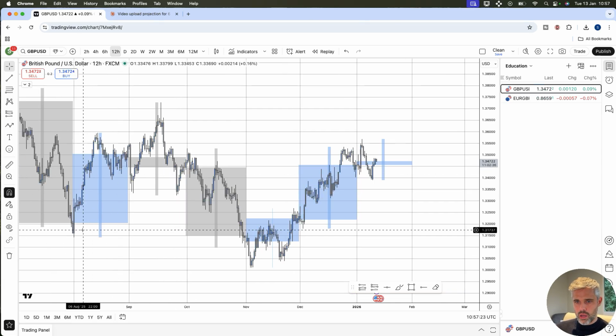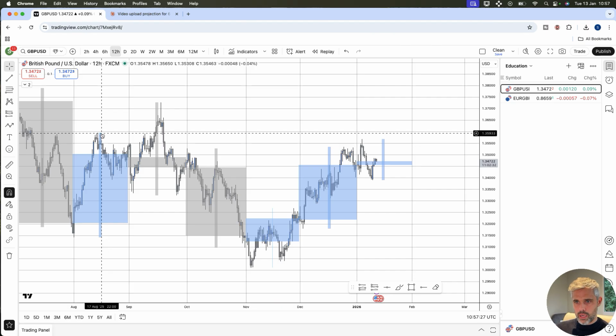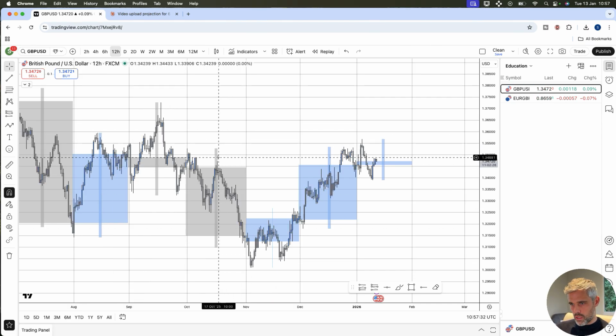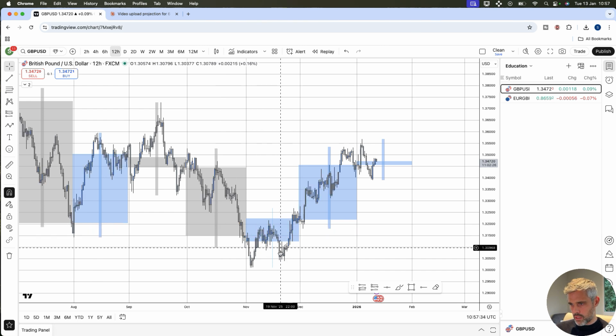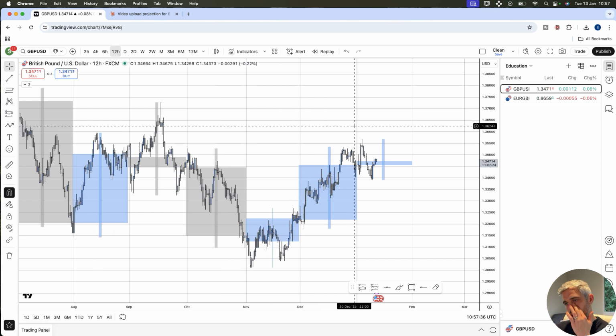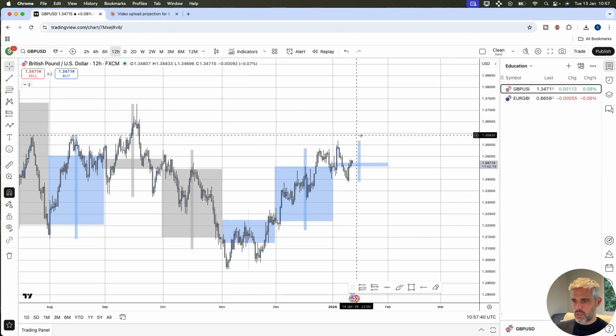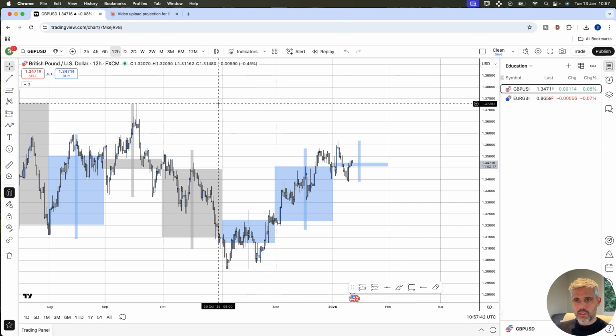And we have this perfectly playing out here on GBP USD. Accumulation, manipulation, distribution. So that is what constitutes our higher time frame bias.